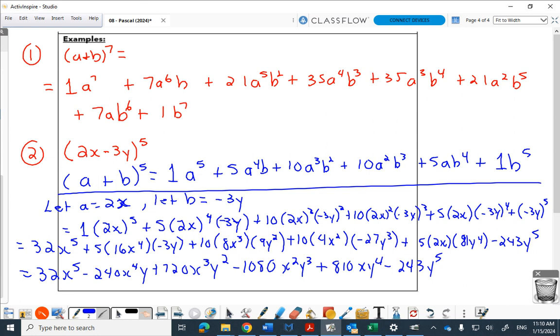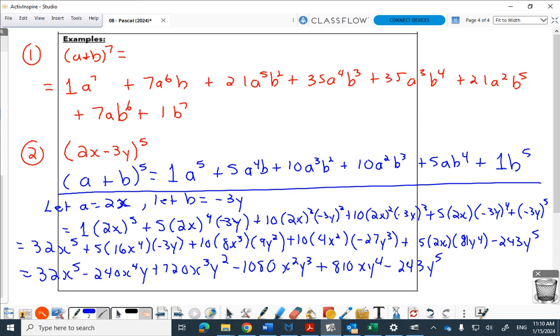Negative 1080. Oh, things are going well here. 5 times 2 times negative 3 to the power 4, 810, and I'm pretty confident about the last one, but I will type it in. Negative 3 to the power 5, negative 243.